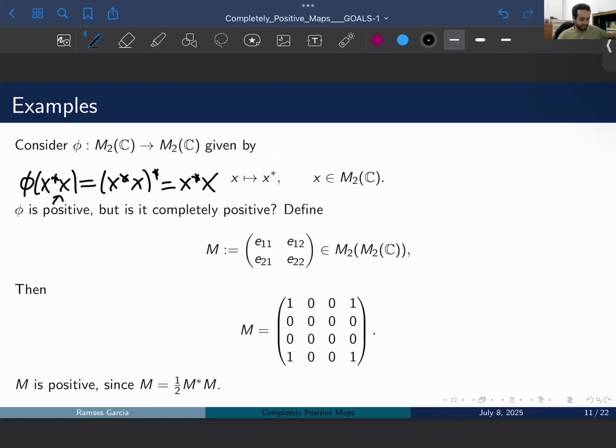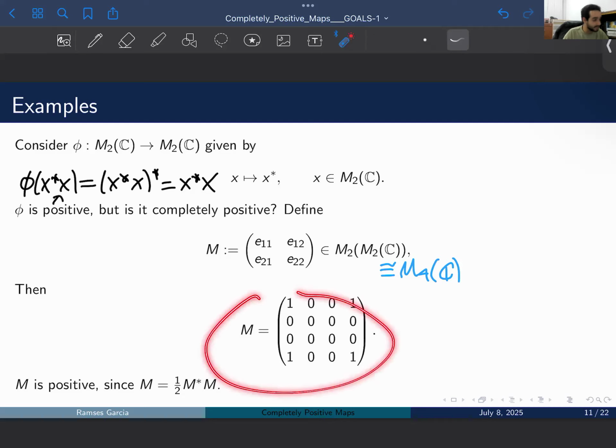A natural question is, is it completely positive? For this, let's introduce the following matrix M. If we identify the 4 by 4 matrices with the 2 by 2 matrices over the 2 by 2 matrices of the complex numbers, we have that M is equal to this matrix.